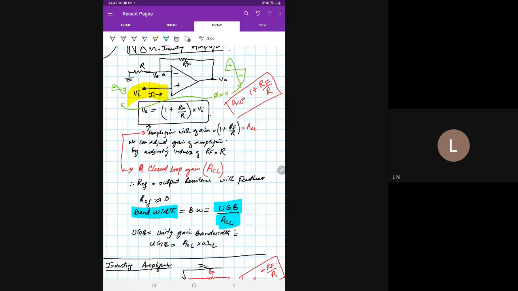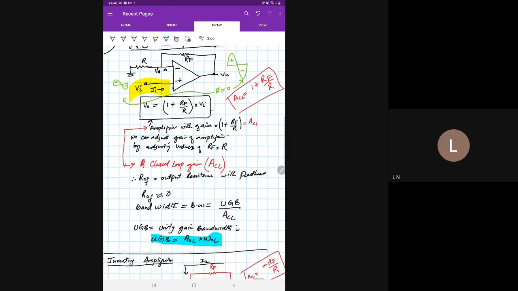Bandwidth is equal to unity gain bandwidth divided by closed loop gain, whereas UGB is unity gain bandwidth. And unity gain bandwidth is generally calculated by A open loop into omega open loop. Omega open loop is frequency in radians. Okay, so I'll explain unity gain bandwidth in coming lectures also.